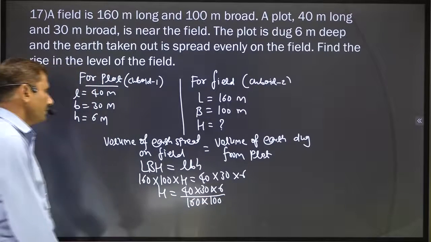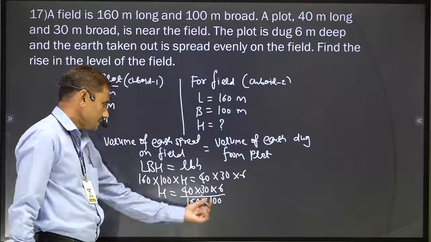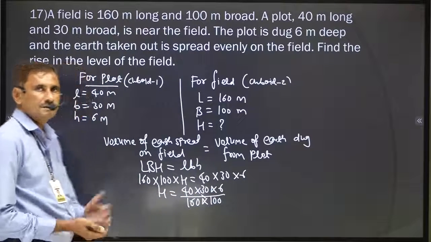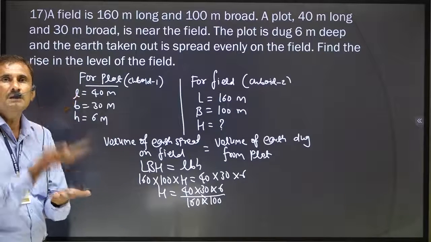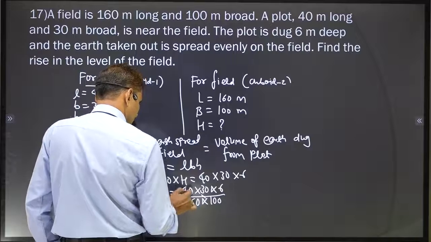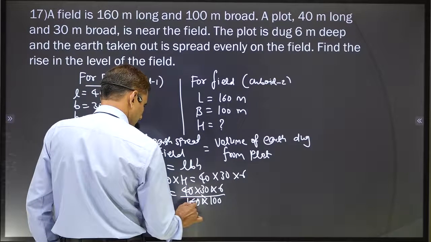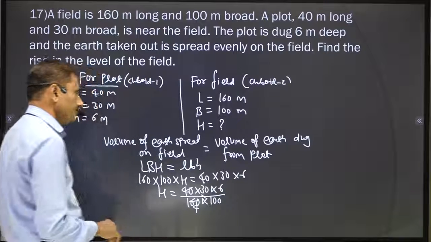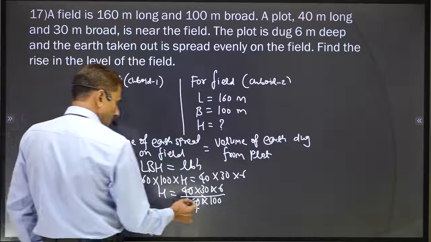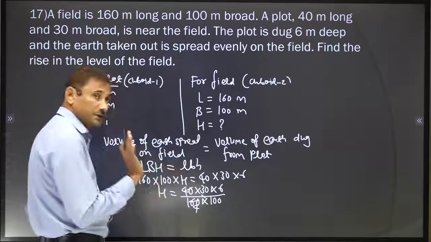Whatever the simplification of this expression will be, that is the height, meaning so much the field will be raised up. So now first of all, it is 40 into 4. I am just putting here 4. Okay, now I am removing 4, not cutting 100 right now, because 100 will be useful.